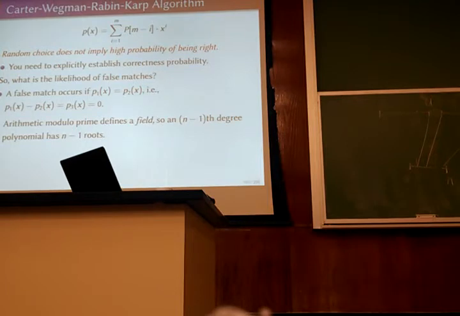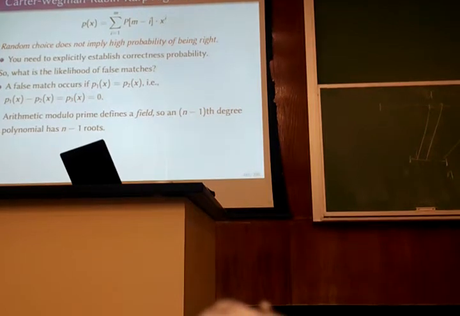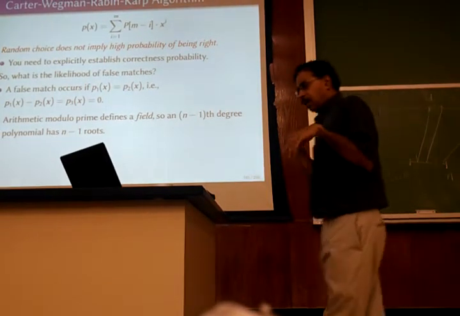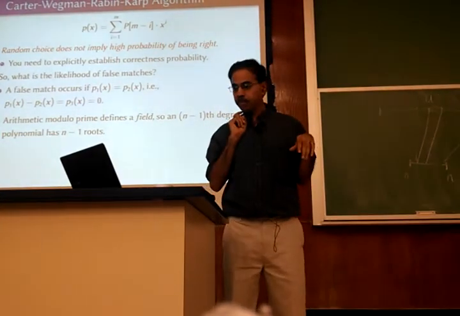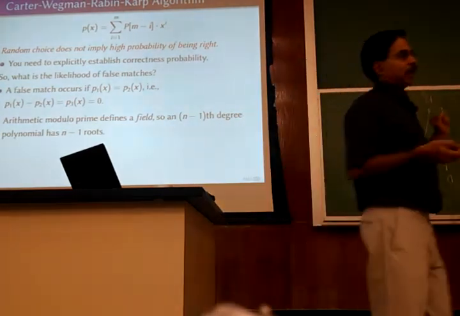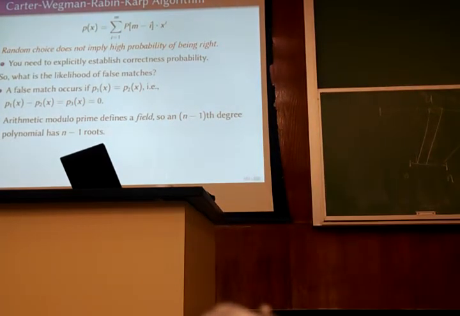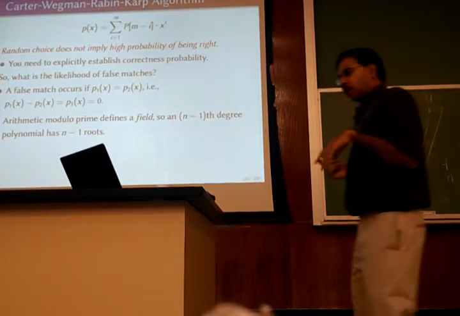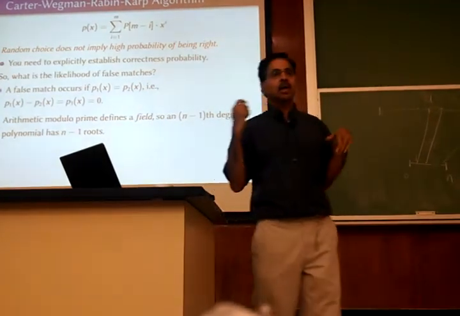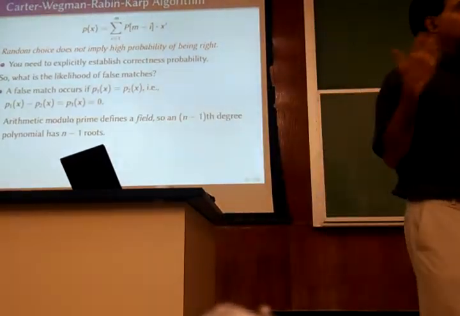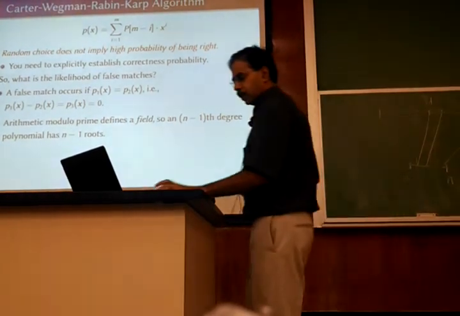We have n elements in the string, and we interpret each element as a coefficient, so we have an n minus 1 degree polynomial. If we set P3 of x equal to 0 and evaluate this polynomial over the field of real numbers, we know that it has n minus 1 roots.